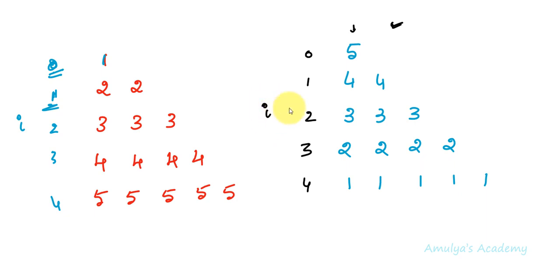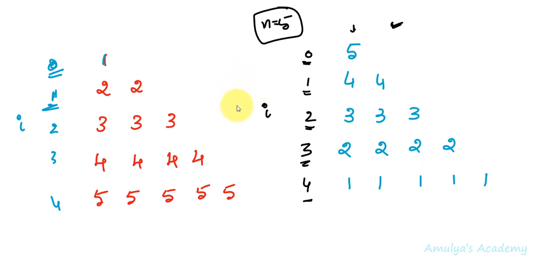Here also you can see we want the same number in every column of a row. That means we want to print a row value. But here at row 0 we want 5, at row 1 we want 4, at row 2 we want 3, at row 3 we want 2, at row 4 we want 1. And we'll get this pattern when n value is 5.